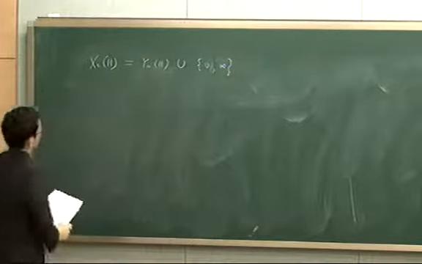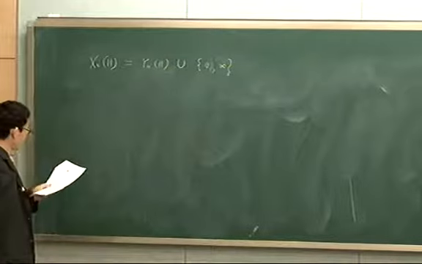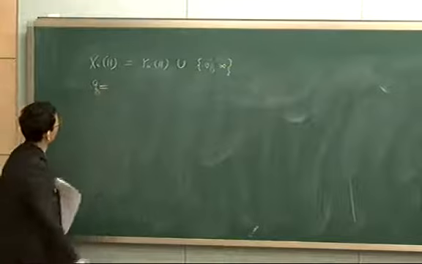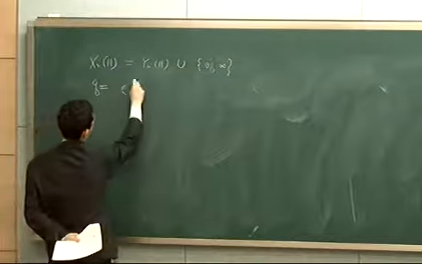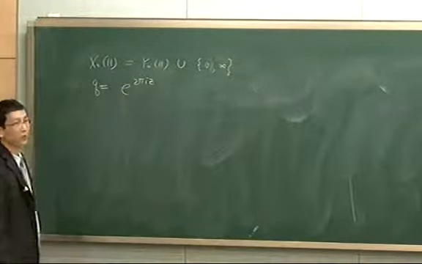Now let me define some infinite product with respect to q. q is a uniformizing parameter at infinity. It is given by exponential of 2 pi i z.